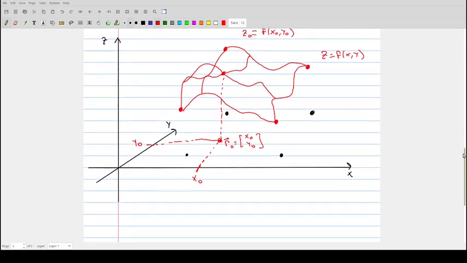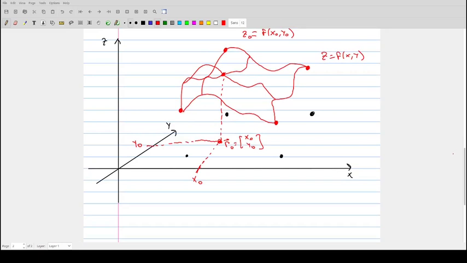Like we showed before, the derivatives of the traces of this function at a given point are the same thing as the x partial derivative and the y partial derivative. So at this point, the x partial derivative is the slope of the tangent line to the trace at y naught, which is the slope of this line right here.